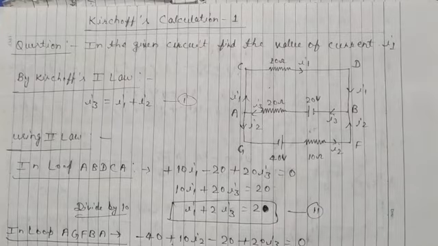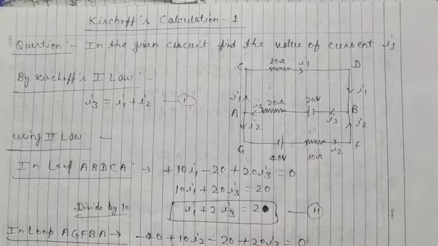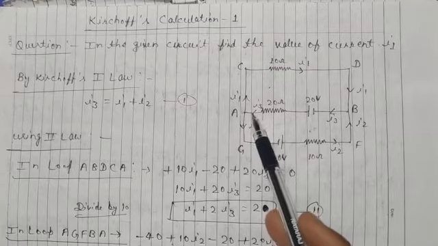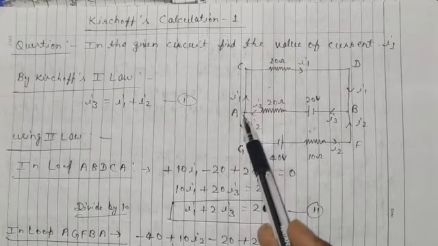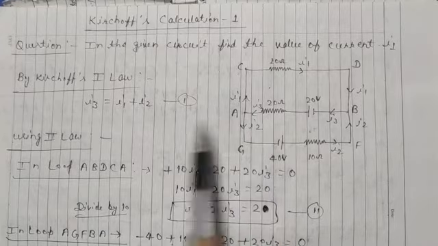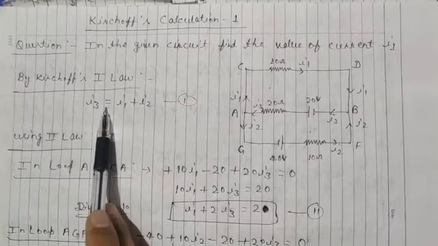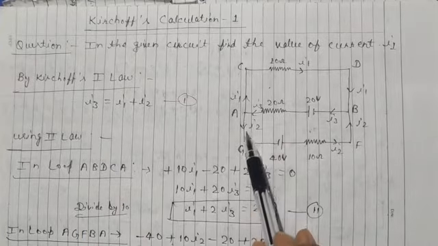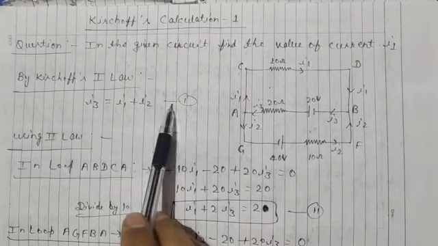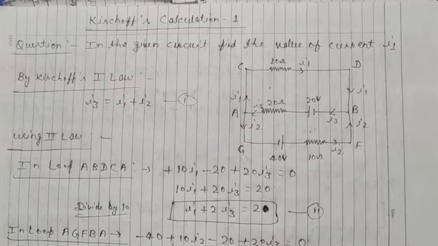The relation between these three, I1, I2 and I3, according to Kirchhoff's first law, is that current going in is equal to current going out. That gives you current going in I3 is equal to current going out I1 plus I2. This is equation number 1.